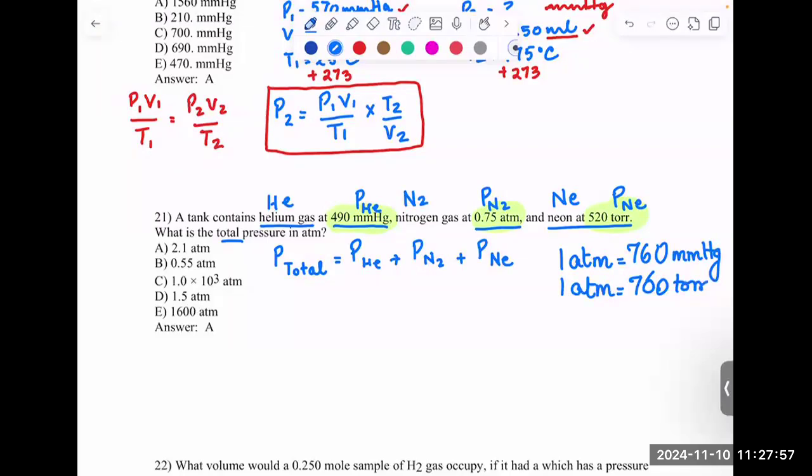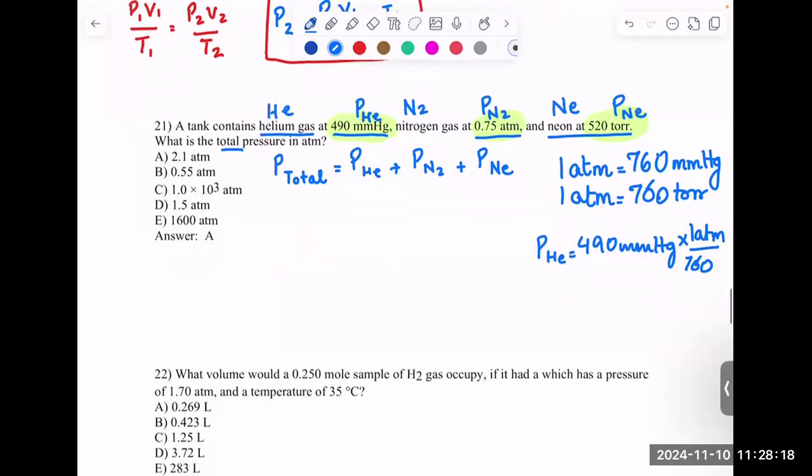In this case, we want to make sure that you understand nitrogen needs no conversion, but for the partial pressure of helium, you're going to take 490 millimeters of mercury times 1 atm over 760 millimeters of mercury.